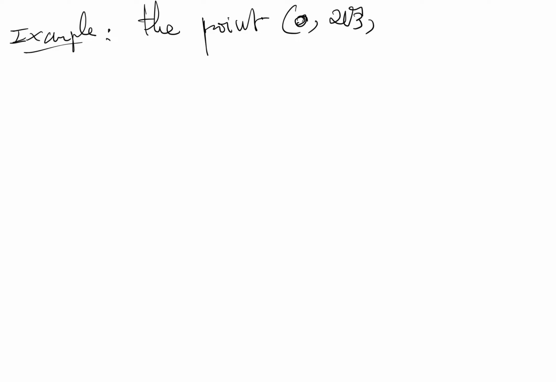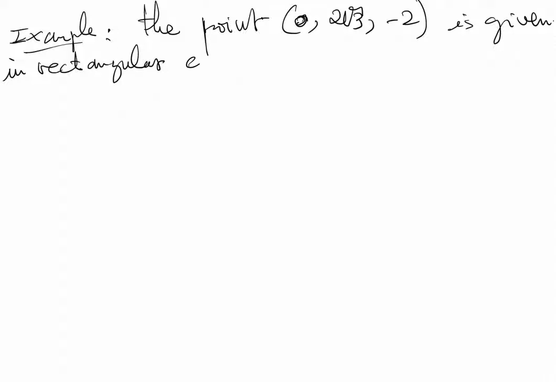So another example. Now they give you a point and they ask you to find the spherical coordinate. So another example, if they give you the point 0, 2 square root of 3, negative 2, given in rectangular coordinate.